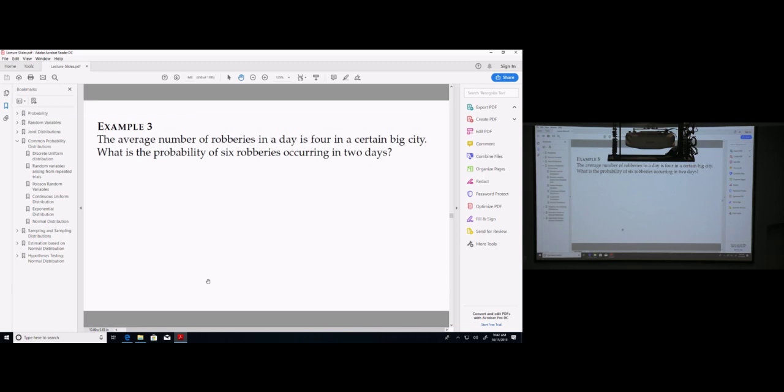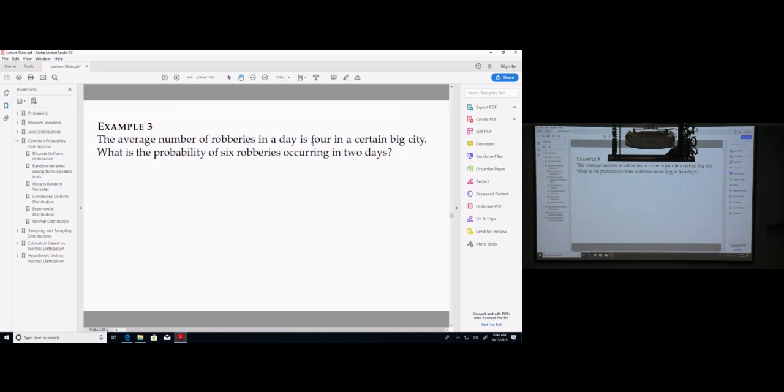The number of robberies in a day is 4 in a certain big city. What is the probability of 6 robberies occurring in 2 days? In this case, the first step is to use the modeling here. We will model the number of robberies in a day in this given city to be a Poisson random variable.